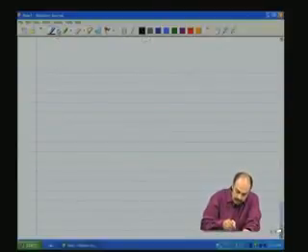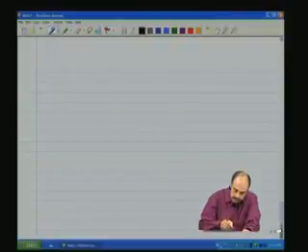So let me draw a small scaled down circuit of a source here.